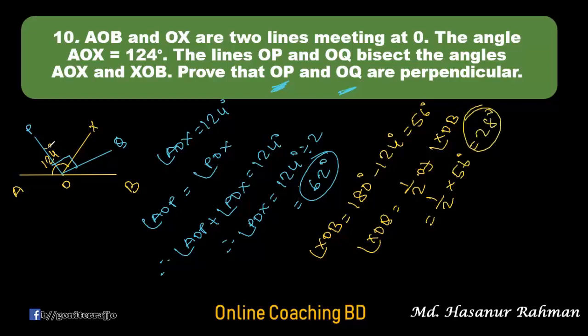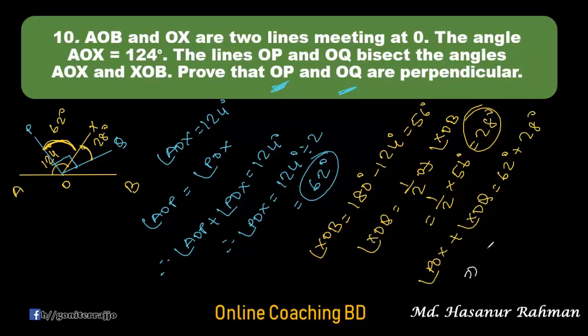So we get angle POX, that is 62 degree, and angle XOQ, that is 28 degree. So what is the addition of POX and XOQ? Look, POX plus XOQ should be 62 degree plus 28 degree. So what is our final line? That is POQ.